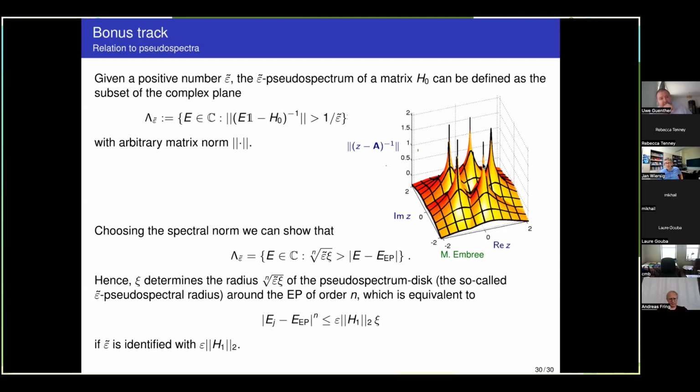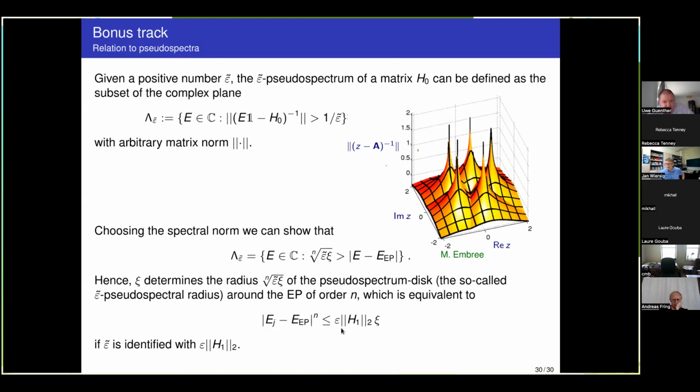And if I take the spectral norm, I can derive this equation, which tells us that the nth root of this expression here of epsilon tilde xi is an upper bound for the spectral radius. This is called the pseudospectral radius. Yeah, exactly.